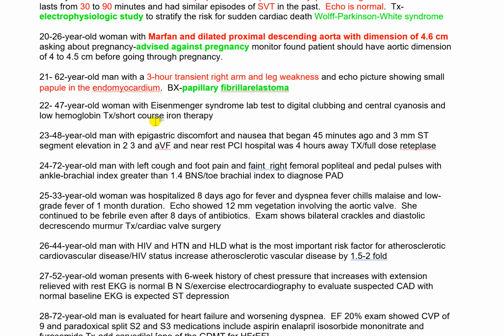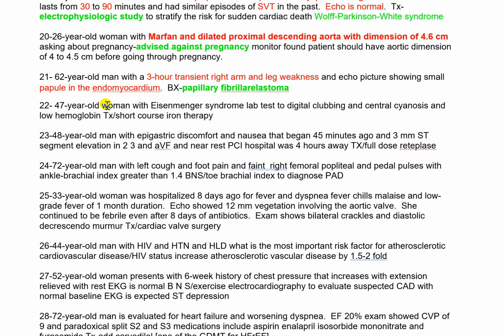This is just something to remember, something like a myxoma. There's some heart tumor that could break down and shoot up to the brain and clog some arteries, okay?